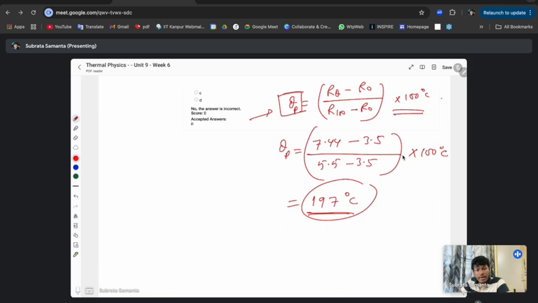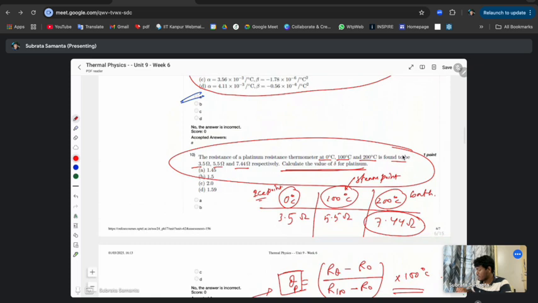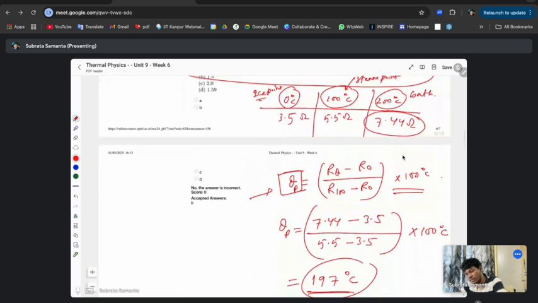But here what is given is 200 degree centigrade. So this is your true temperature. 200 degrees centigrade is your true temperature.